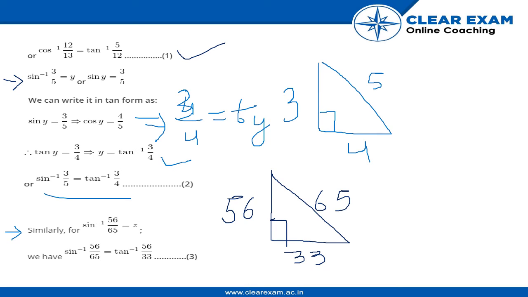So we can write sin inverse 56 by 65 directly as tan inverse of 56 divided by 33. That's written over here. So now we have transformed all our three terms into tan inverse. Now moving to the next slide.